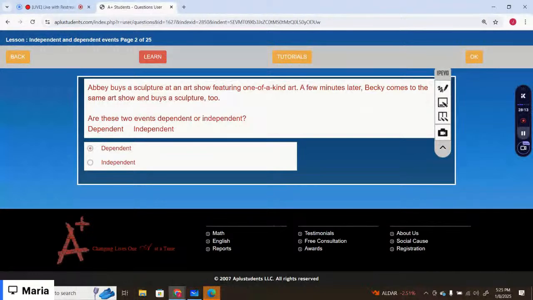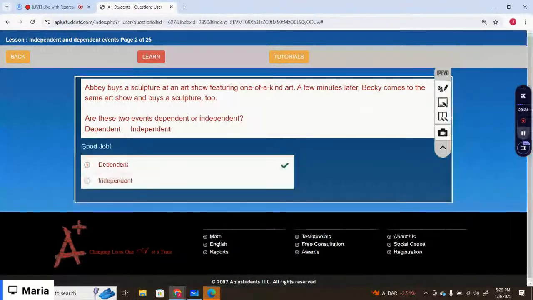That is dependent events because Abby buys first, and when Becky is going to buy a sculpture, there is one less sculpture, so that is the dependent event.